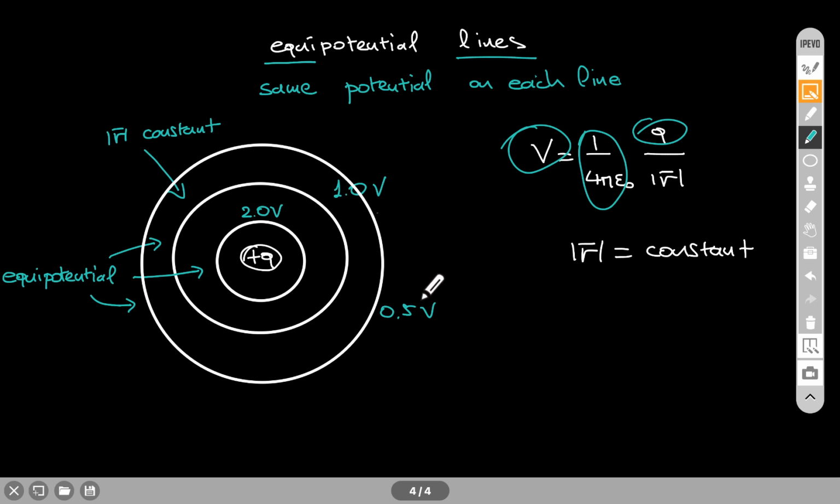Qualitatively, in general, the closer you are to the positive charge, the more positive the potential is, and the further away you go, the lower the number is. But the equipotential lines for a single point charge are simply circles, with the center of the circle at the location of the point charge.